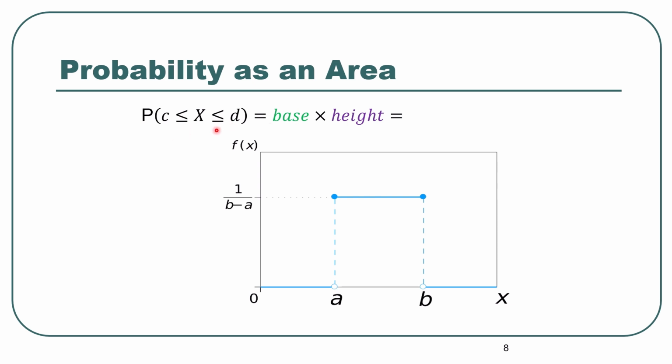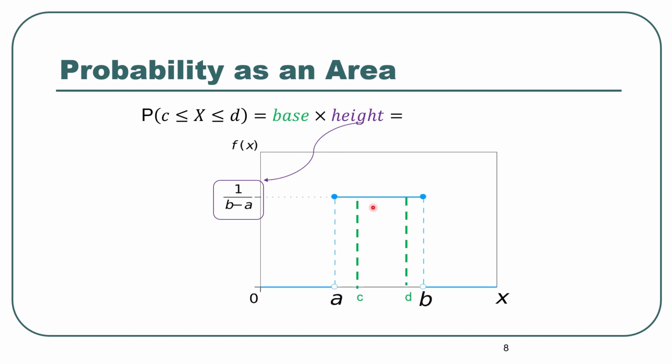Because the uniform distribution is after all a rectangle, if you want to find the probability of x in between c and d, imagine with me, this is c and this is d, so you want to find the probability of x in between these two green lines exactly.